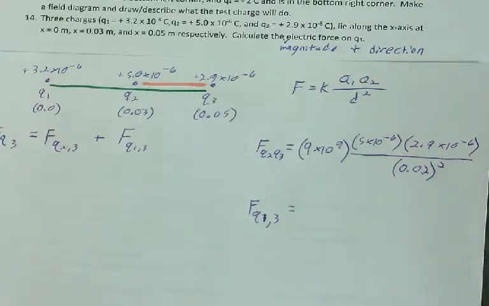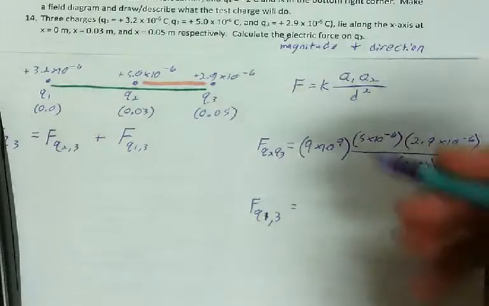Okay, once you get the setup, you'll go ahead and plug it in and solve. So 9 times 10 to the 9th times 5 times 10 to the negative 6 times 2.9 times 10 to the negative 6, divided by 0.02 squared.